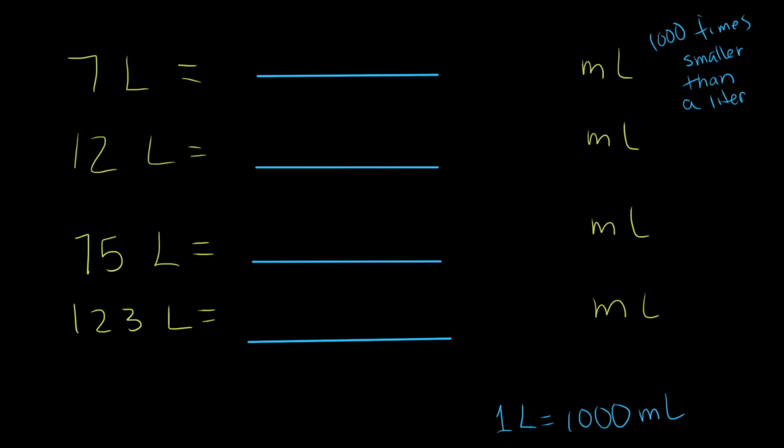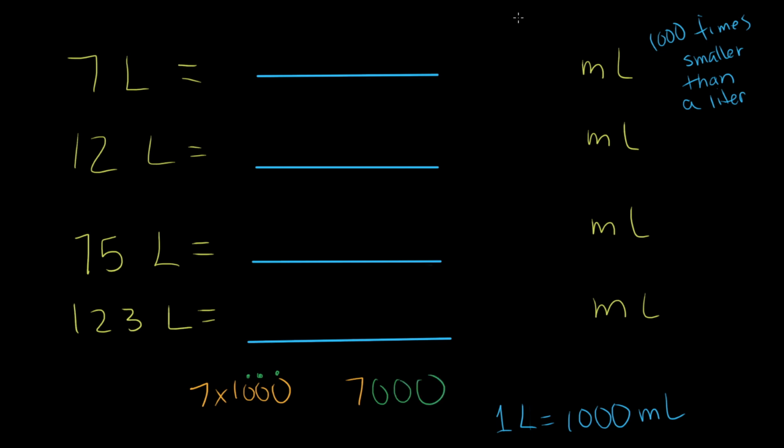Well, that's going to be simple because I know my extended multiplication facts. 7 times 1,000 is the same as 7 times 1, which is 7. And then I'm going to add my zeros. So there's 1, 2, 3. So I need to add 3 zeros.